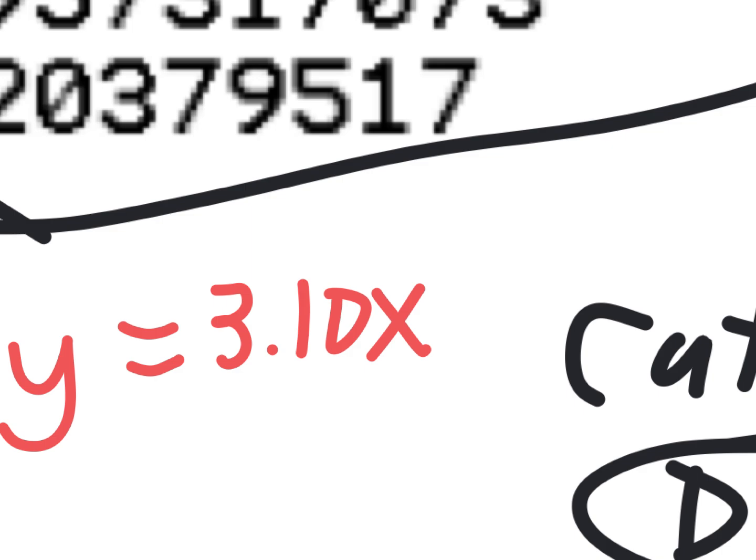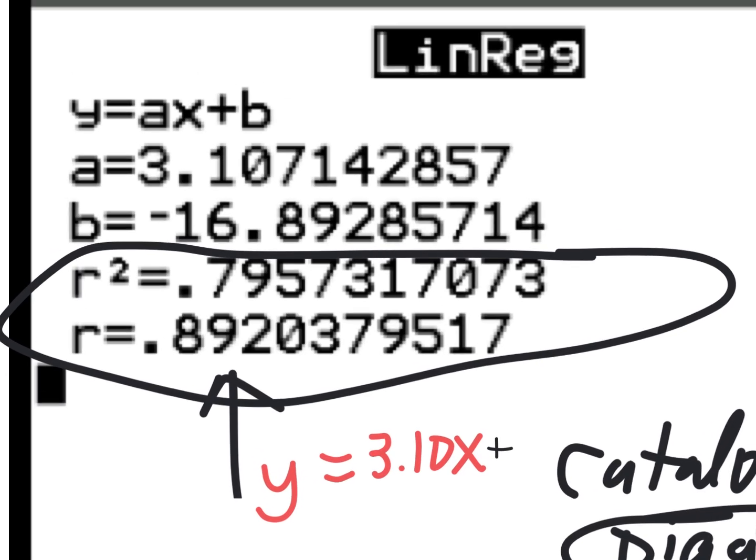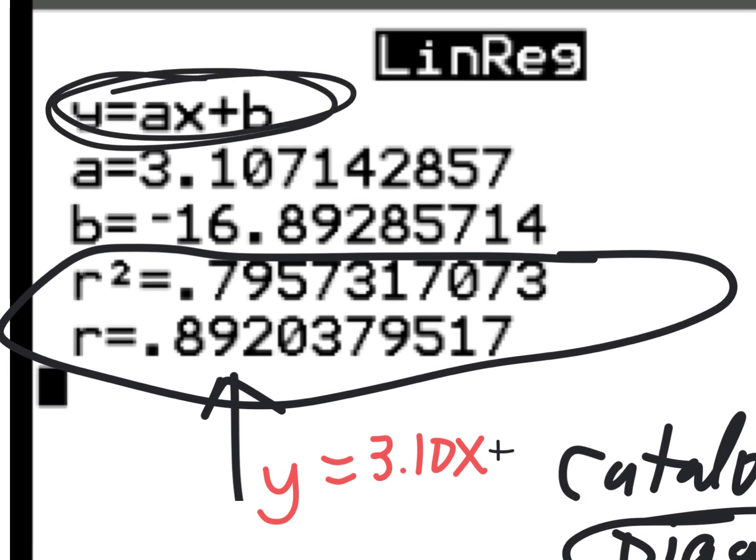That's not an equation. Well, it's close. It just has to end with a number. Plus what? Well, see, it's this equation, and they're telling you the A value, which goes here, and they're telling you the B value, which goes there at the end. So what do I do at the end? I put that. And I'm just going to go to 1 decimal place.